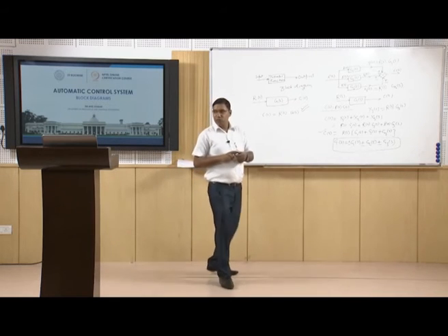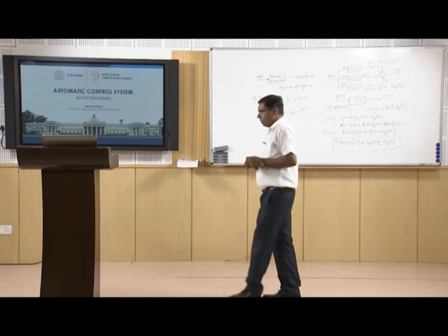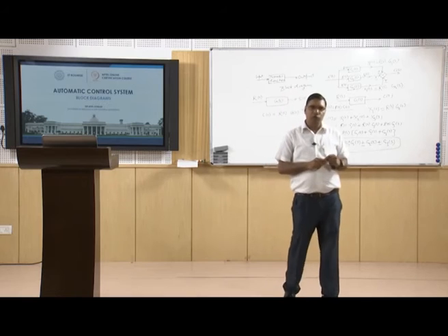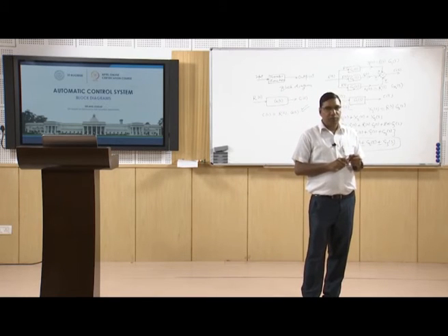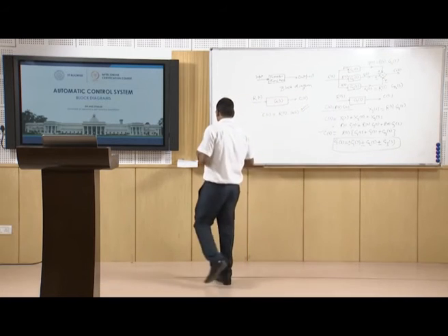Now another most important form that we will discuss is the feedback form, because we know that the feedback form is the most useful form for the closed loop system, and therefore in the automatic control system. So we will discuss the feedback form.